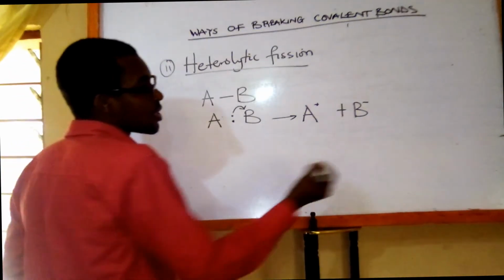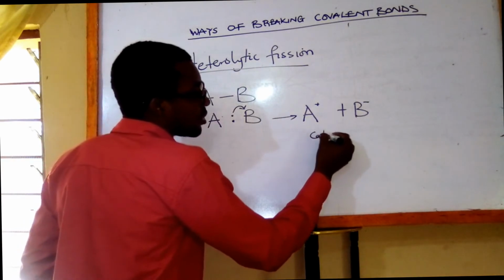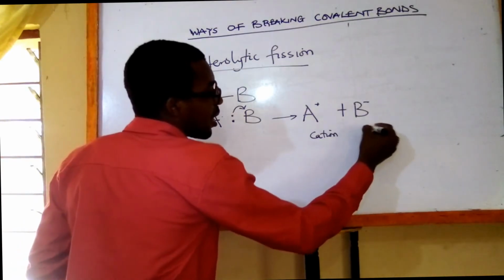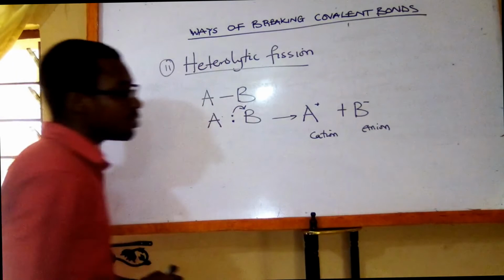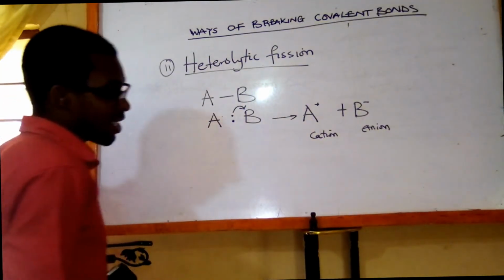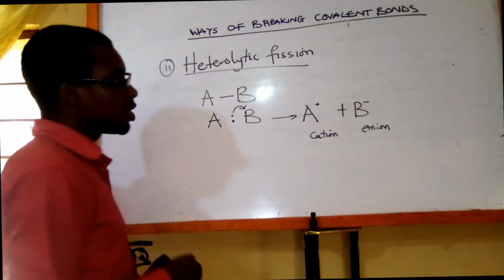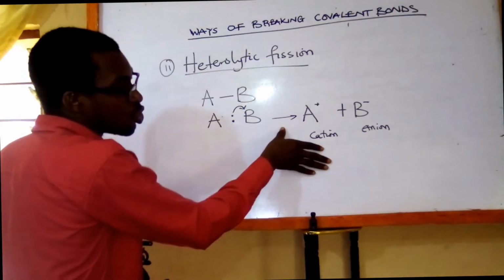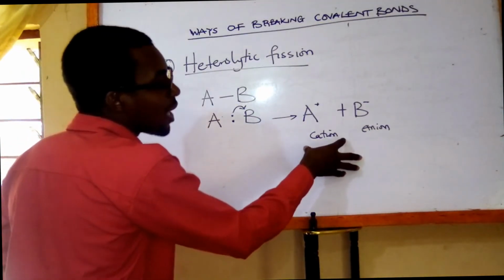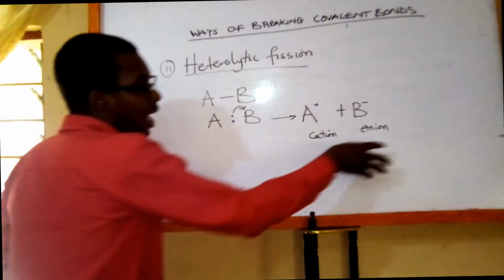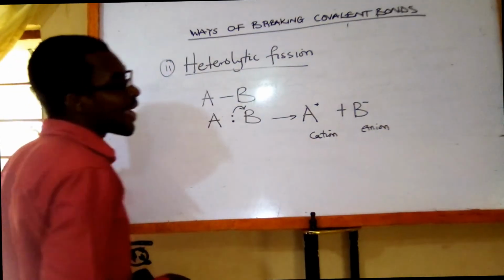This is giving us a cation and then an anion. In organic chemistry, if it has to do with carbon, it's called a carbocation or carbonium ion, and the anion is called a carbanion.